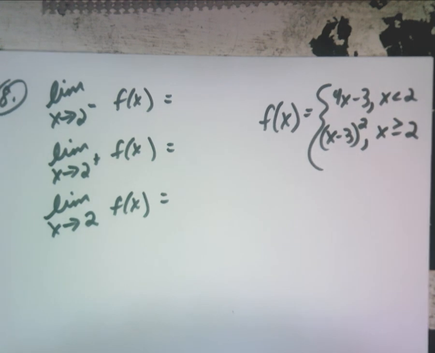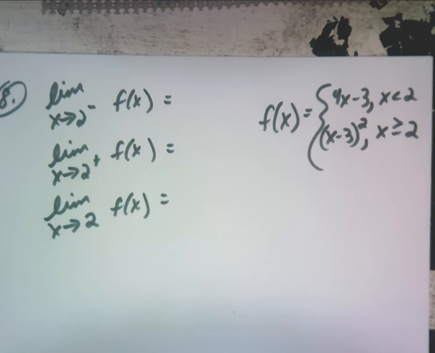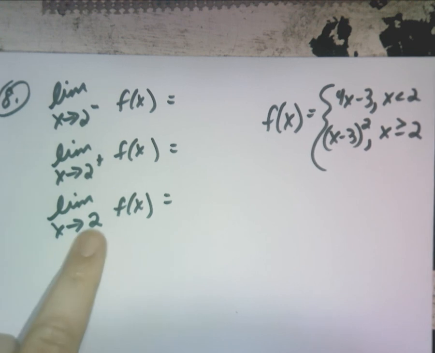Okay, let's talk about these because you do have one of these. These piecewise functions and finding limits from the left, finding limit from the right, and then finding limit left and right, which is this one right here.